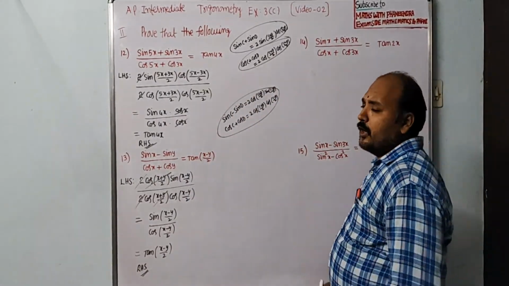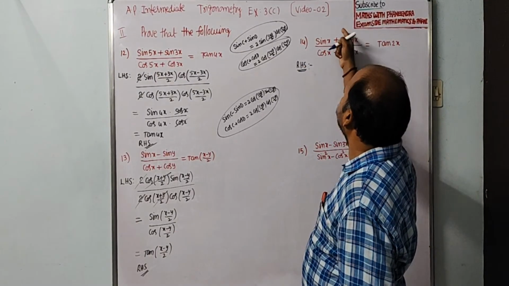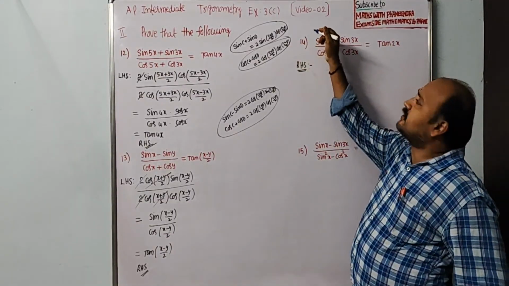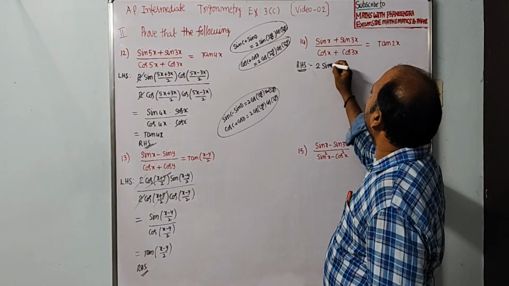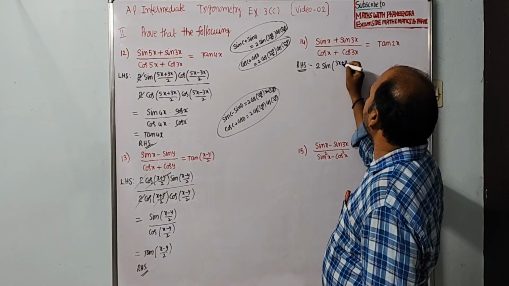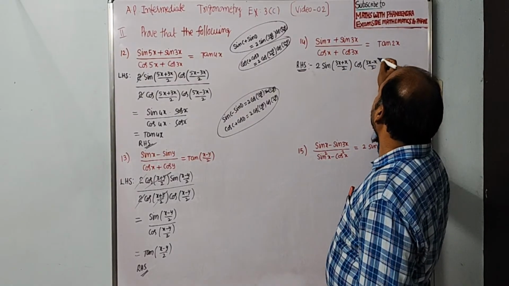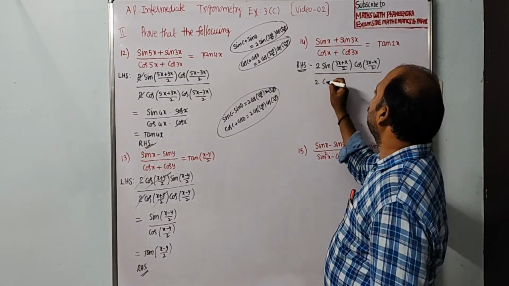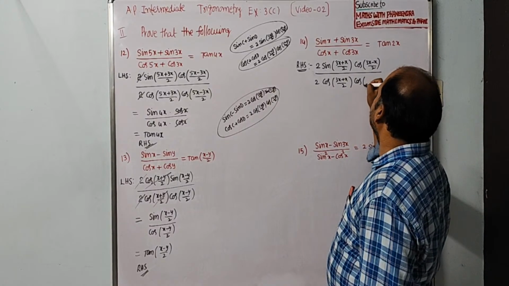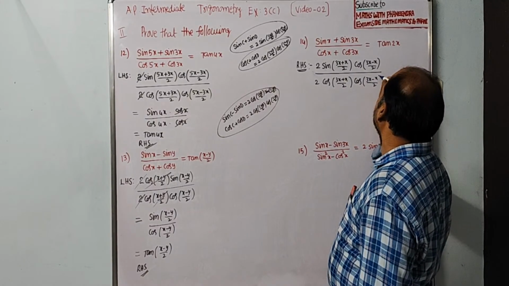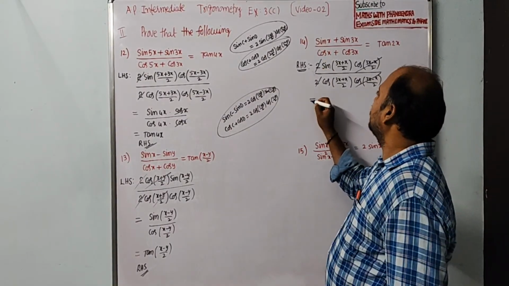Same procedure we are following, but I am writing here, we already did a number of formulas here, sin C plus sin D. Instead of taking x first, I am taking 3x here: 2 sin((3x plus x)/2) cos((3x minus x)/2) divided by 2 cos((3x plus x)/2) cos((3x minus x)/2). 2 gets cancelled, cos((3x minus x)/2) gets cancelled.